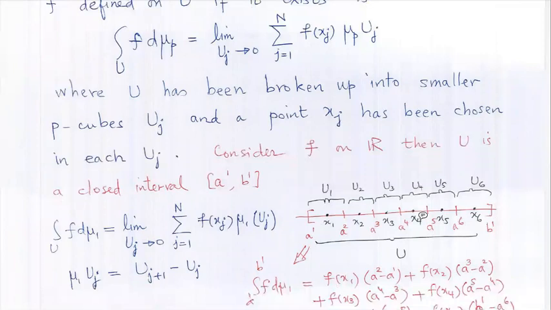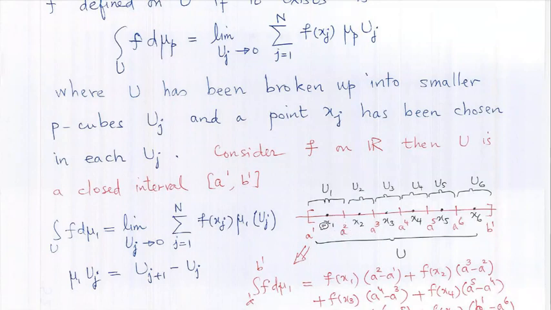Then we have divided this interval into sub-intervals: [a1, a2] represented by u1, [a2, a3] by u2, [a3, a4] by u3, [a4, a5] by u4, [a5, a6] by u5, and [a6, b1] by u6. So this 1 cube is converted into 6 small 1 cubes, and we have taken a point x1 in u1, x2 in u2, and so on, x6 in u6.